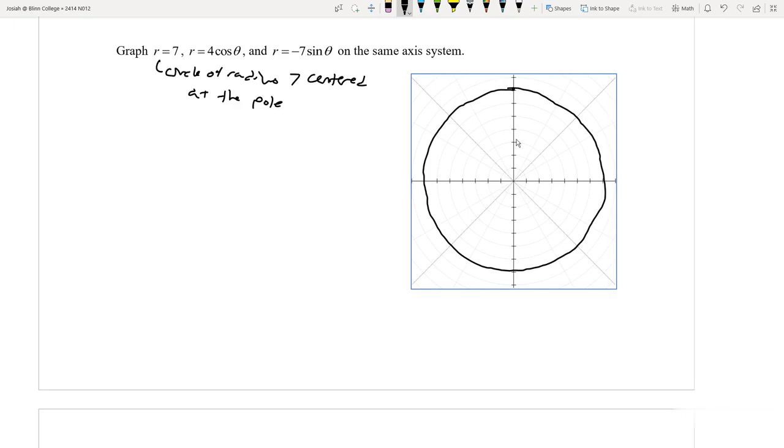Definitely not perfect, but you can tell what I was going after. Right, and so for the second equation, r squared equals 4r cosine of theta, following the same pattern as that last problem. And so we get 4x on the right side, x squared minus 4x plus y squared equals 0. Complete the square.